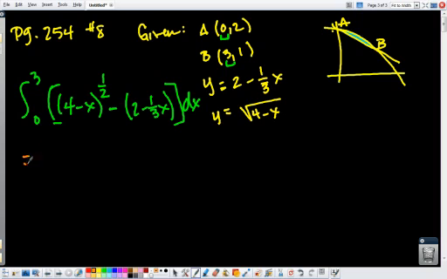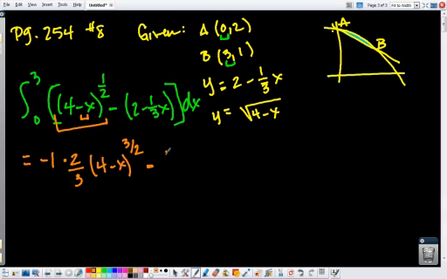Alright, so I'm going to go ahead and integrate. I'm going to use the inside, so 1 over a, which happens to be -1. So 1 divided by -1 is -1, times the integral of the outside, which means I'm dividing by 3/2, so I'm multiplying by 2/3, times the inside raised to my new power of 3/2. Okay, so that's the integral of this term, minus my integral of this term.